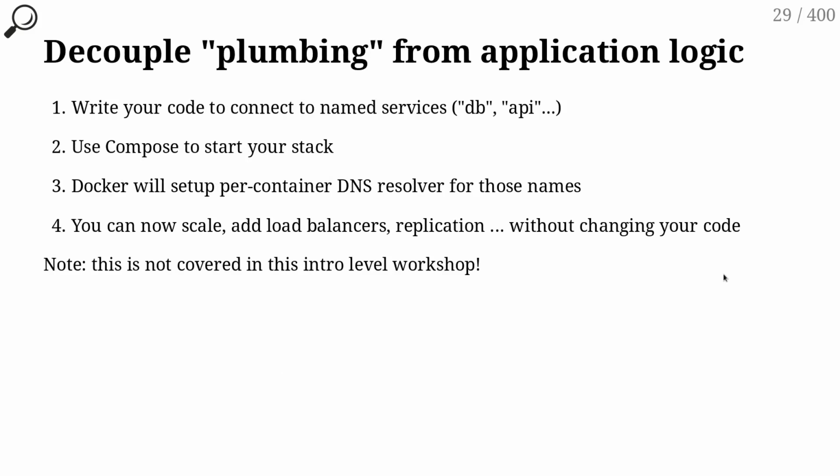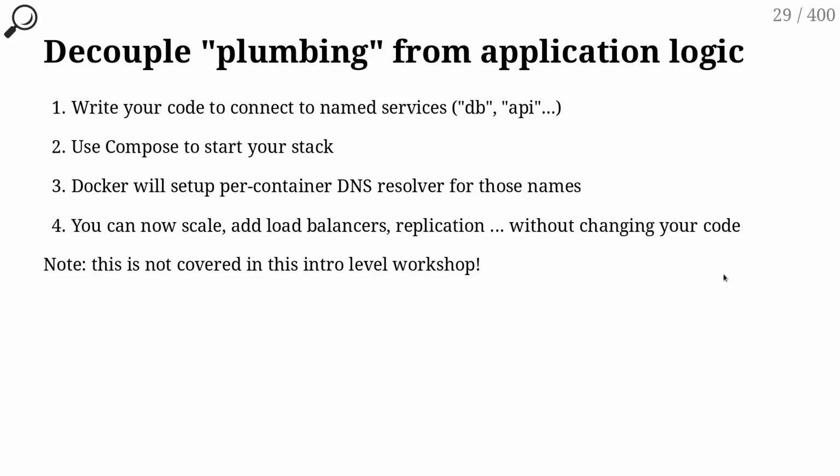We can also decouple plumbing from application logic, and that sounds a little bit vague, and I will show just a little bit of that in the workshop today, but we'll see that it lets us separate different components.